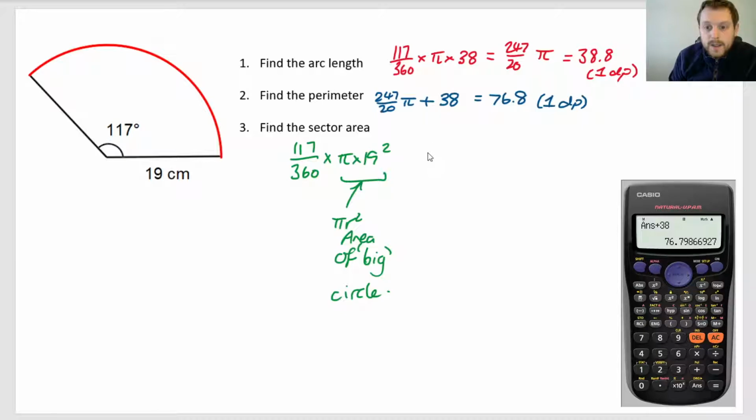So, okay, 4,693 over 40 pi. And of course, you can press the S to D button and write an answer.